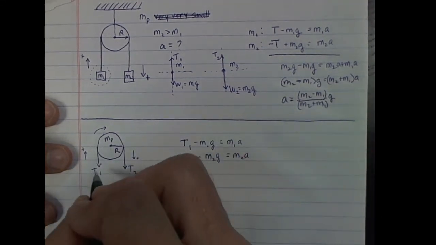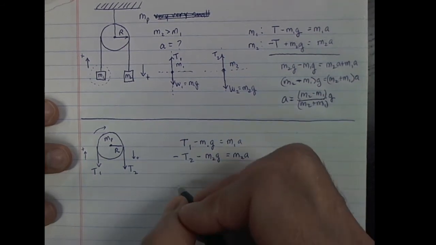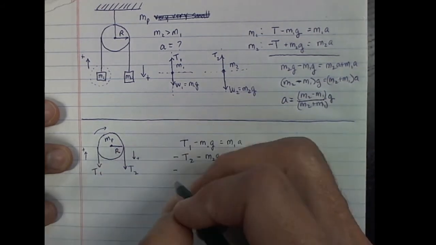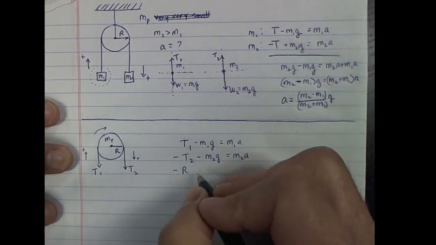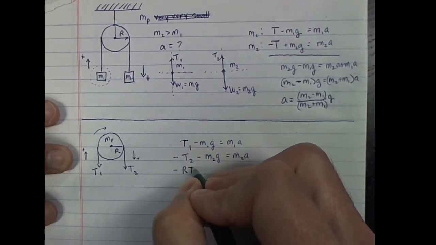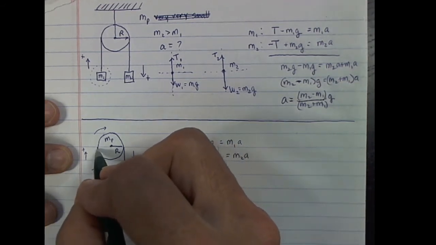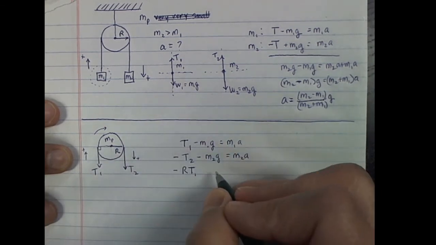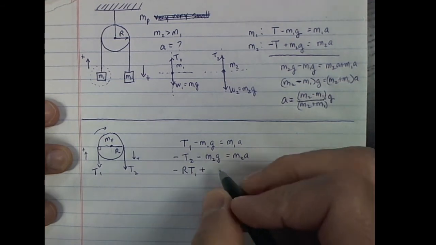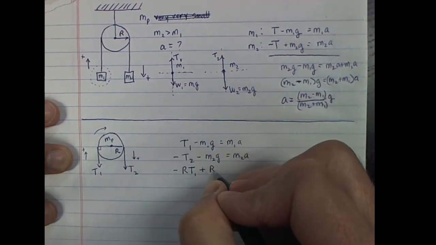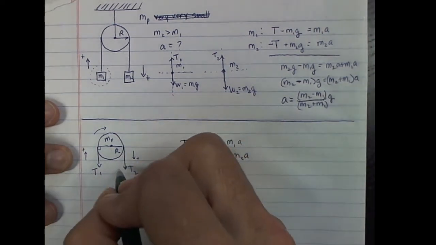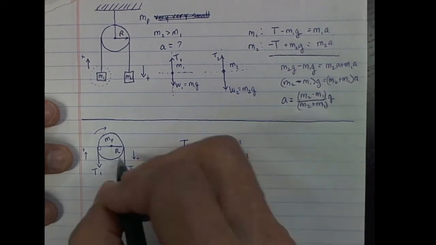The torque from T1 is going to be negative, and it's how far it operates from the center, so that's R, times the force T1, and then the sine of the angle between them, but that's 90 degrees. The moment arm's right here, this is 90, so the sine is just 1. And then we have plus R T2, trying to rotate it this way, and that's the total torque acting on this thing.